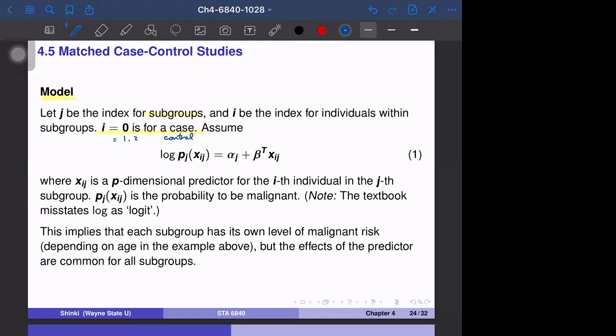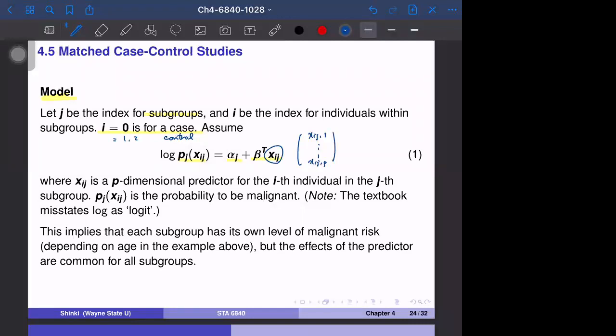Okay, then what's the model? The logarithm of the probability that the ij-th observation is malignant is equal to alpha_j plus beta transpose x_ij. The pair ij represents just one individual, so x_ij is a predictor vector, x_ij1 to x_ijp.